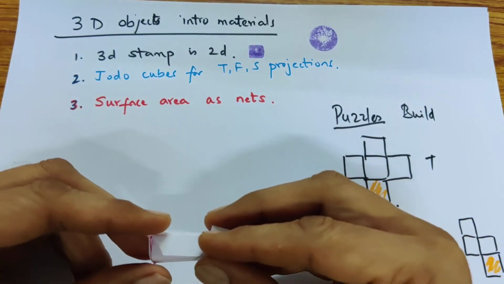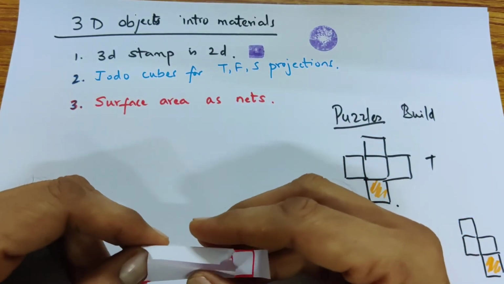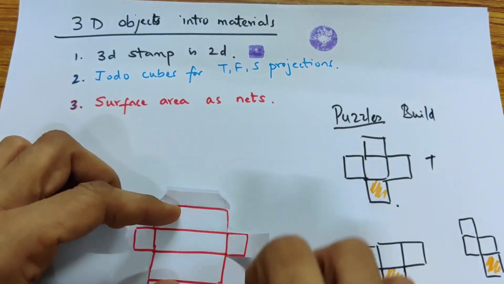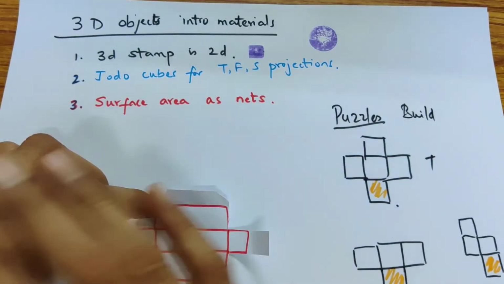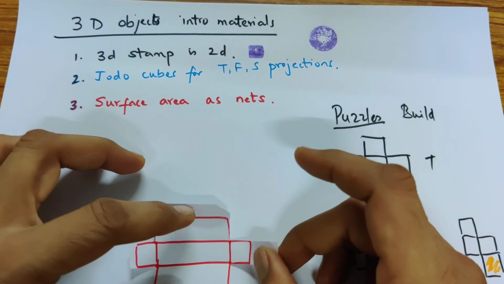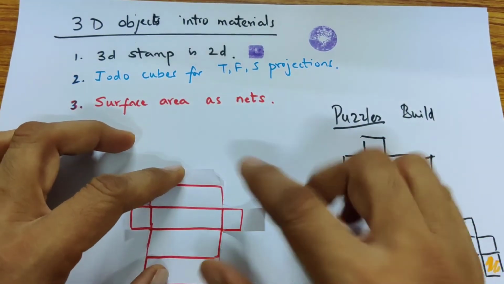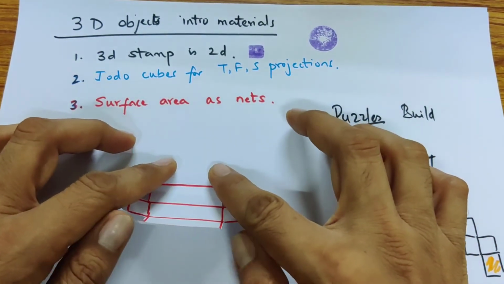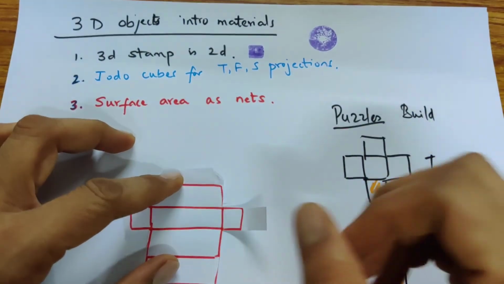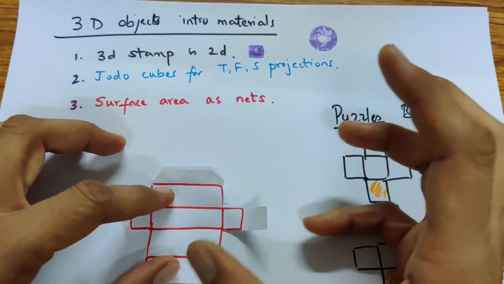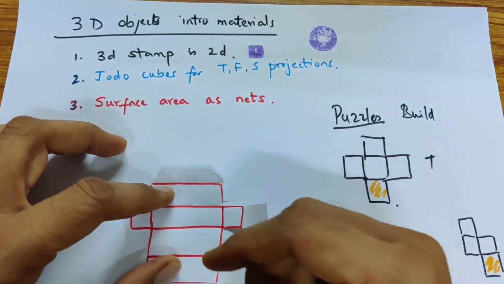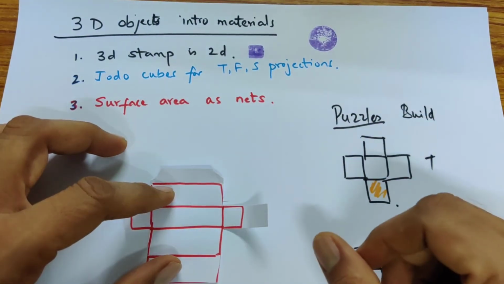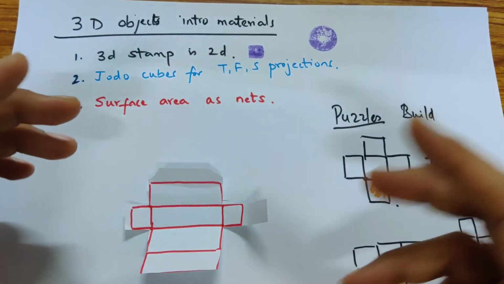To draw nets, you need to really visualize and have contiguous areas and think of how you are going to close the object from the side. And again, many nice examples are there in the Tamil Nadu board textbooks. But you should be able to download nets for solid shapes online, and also print them out, cut them out and build them.